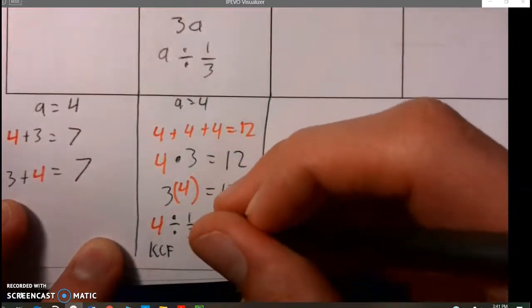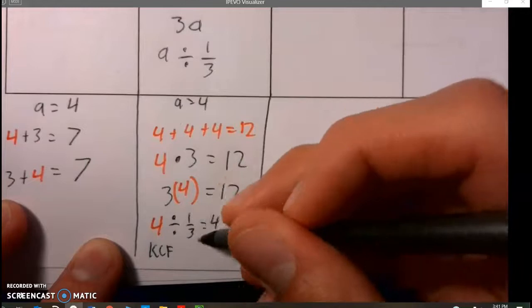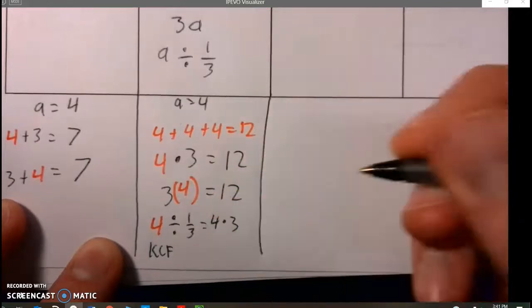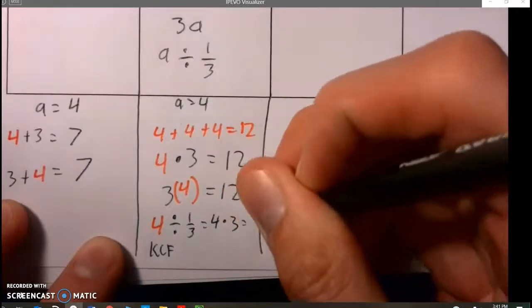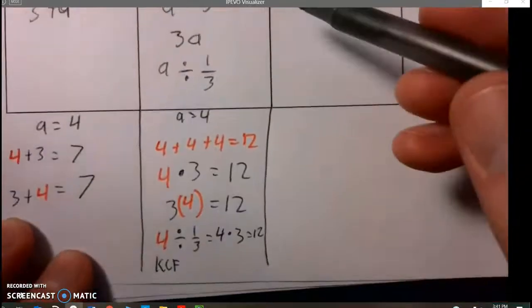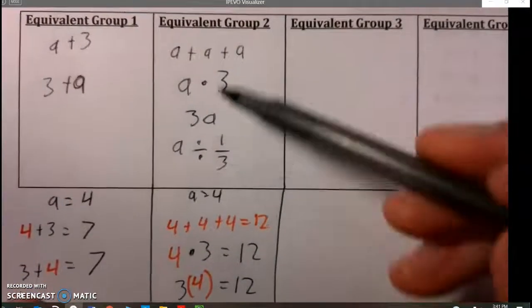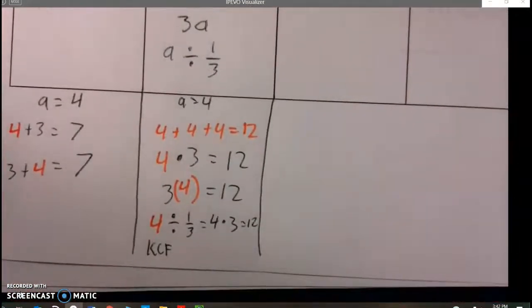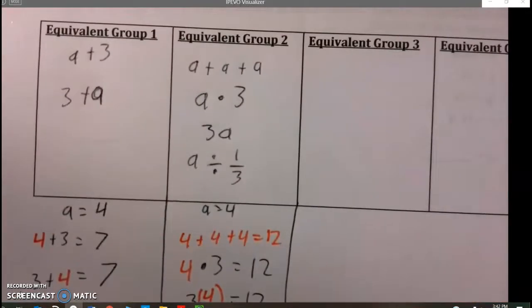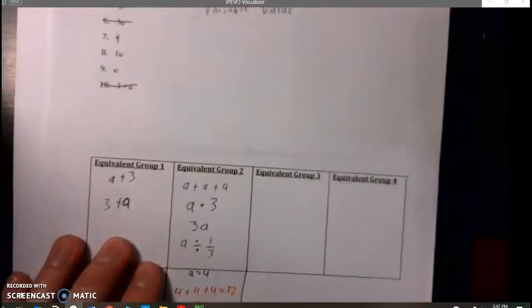The reciprocal of 1/3, if I switch the numerator and denominator, would be 3 over 1, which is just 3. And so 4 times 3 is 12. So, once again, I plugged in a number for my variable, and in every case, I got the same answer. So these expressions are all equivalent.